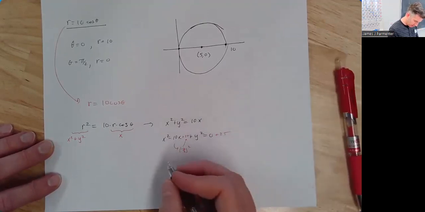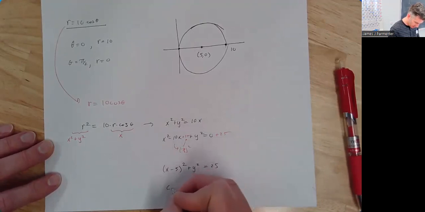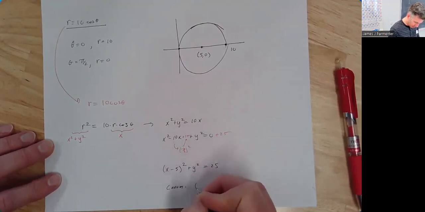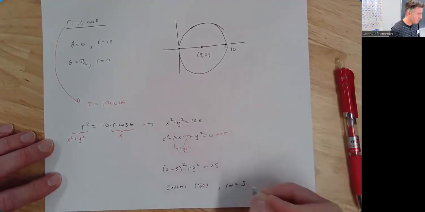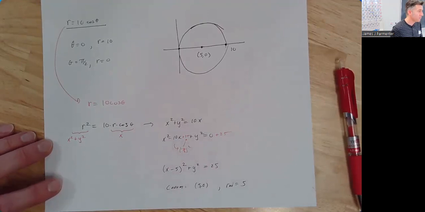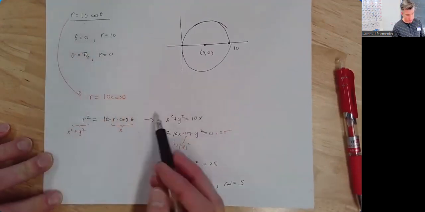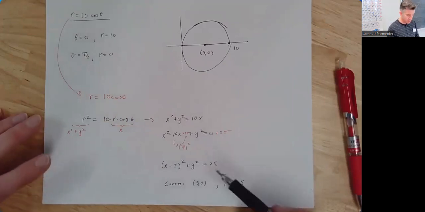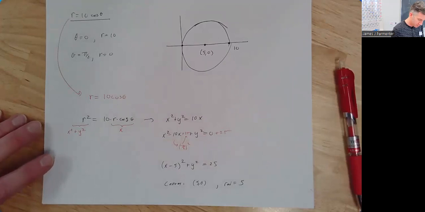Then I've got exactly x minus 5 squared plus y squared equals 25. The center of my circle is 5, 0. The radius of my circle is 5. Are you completing the square? Yeah. Okay. So again, you don't have to do any of this work to know that it's a circle, but we can do this work to see that it's a circle.